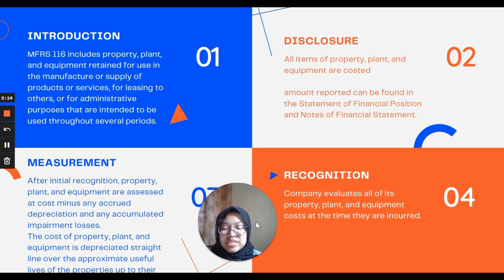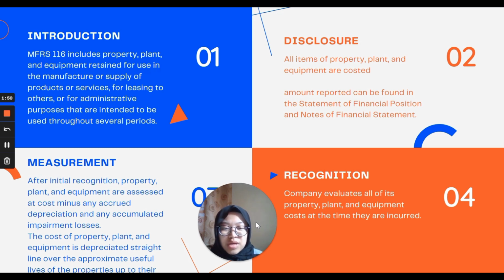After initial recognition, property, plant and equipment are assessed at cost minus any accrued depreciation and any accumulated impairment losses. The cost of property, plant and equipment is depreciated straight line over the approximate useful lives of the properties up to their residual values. Lastly is recognition.